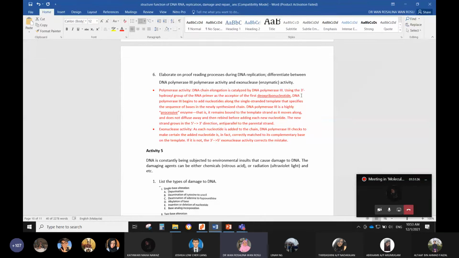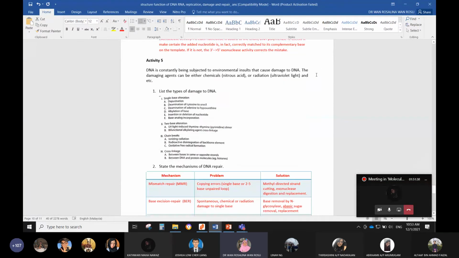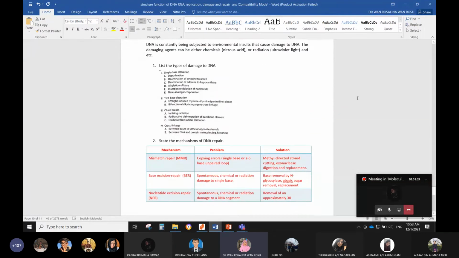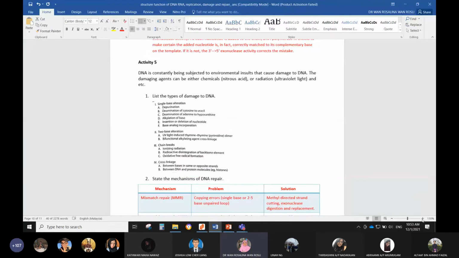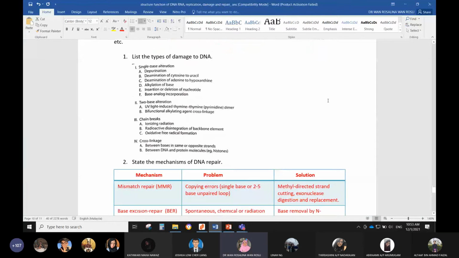We're running out of time, so we're just going to go through it. For activity 5, the types of damage to DNA. We have single base alteration.